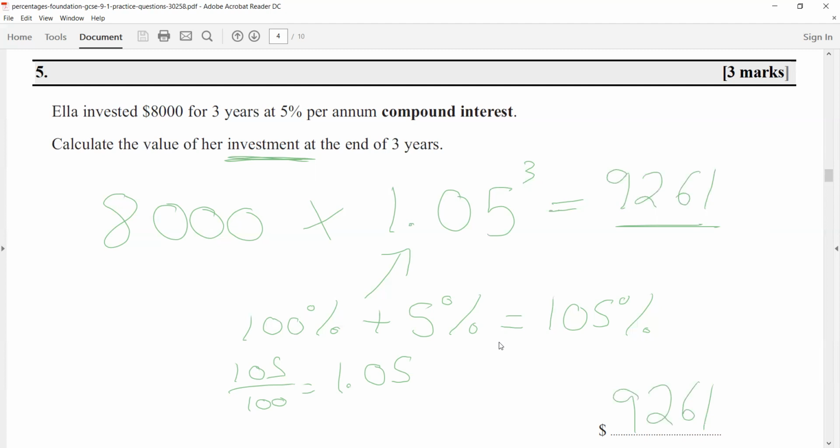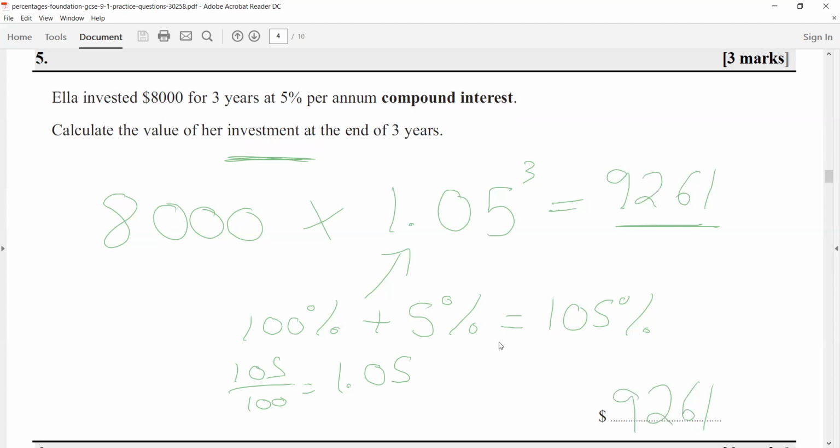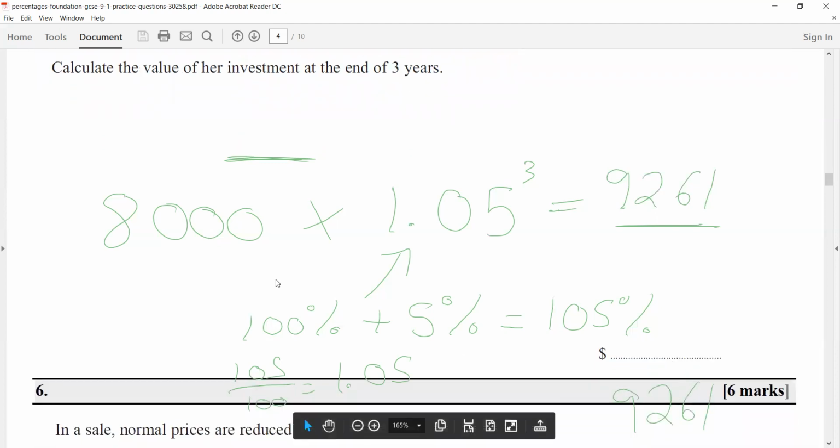Investment means everything that you started with, which is the £8,000, plus the interest, which is the additional borrowing or the additional money that you're having to, like you could save, for example. So interest is the difference between 8,000 and your 9,261. Investment is everything together.